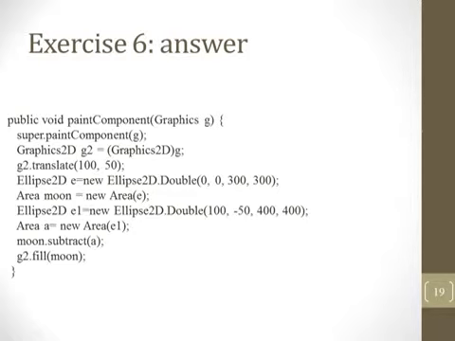The upper corner is 100, minus 50 and the width and the height of the ellipse is 400, 400, and we create an object of Area, a2, and then we make the first area subtract the second, which means moon.subtract(a2), and then we fill the moon.